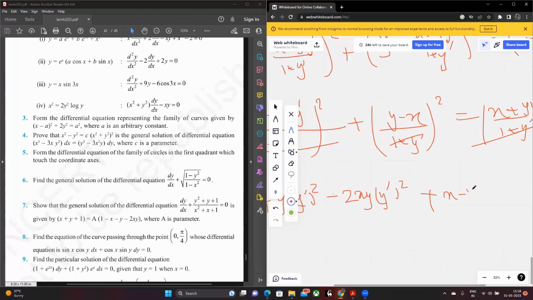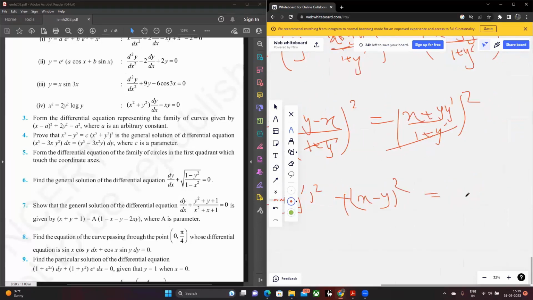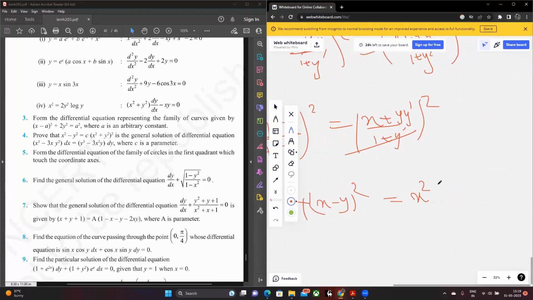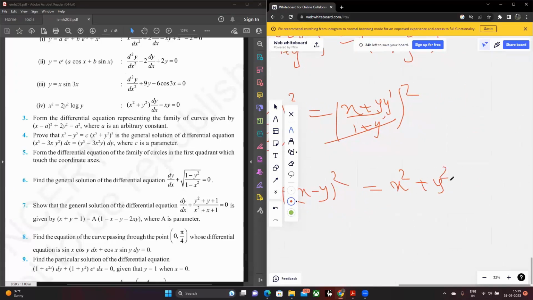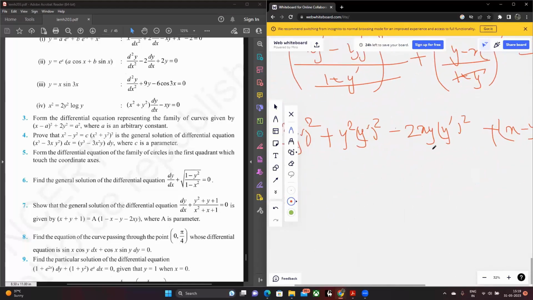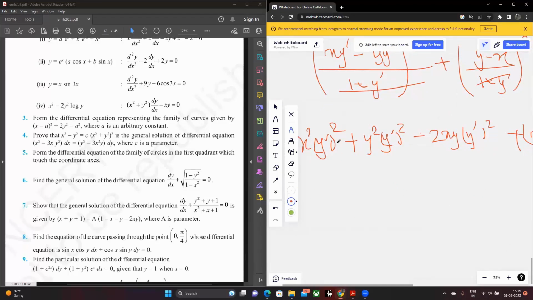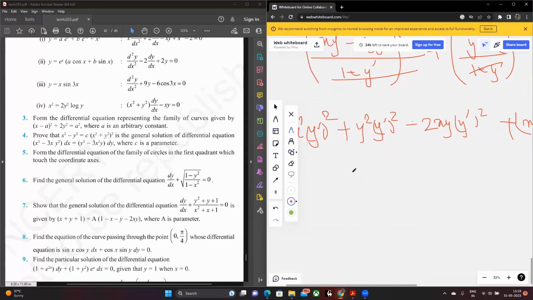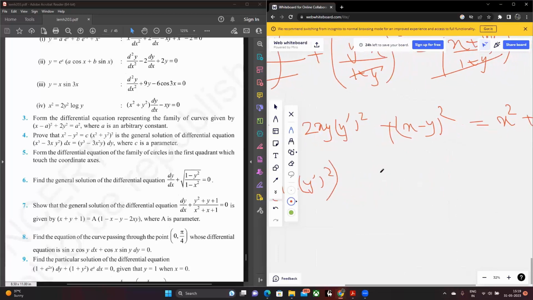Plus x minus y the whole squared equaling x squared plus y squared y dash squared plus 2xy y dash. Or since this is basically x minus y the whole square into y dash squared, this LHS is basically x minus y the whole square into 1 plus y dash the whole square equaling x plus y y dash the whole square, right?